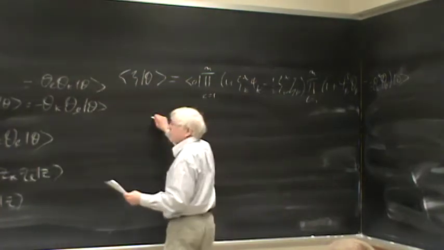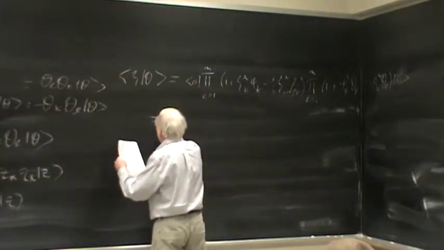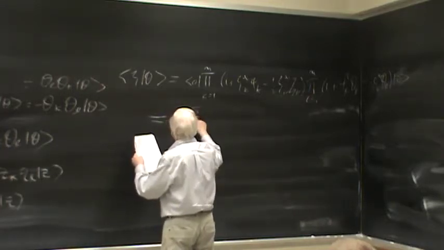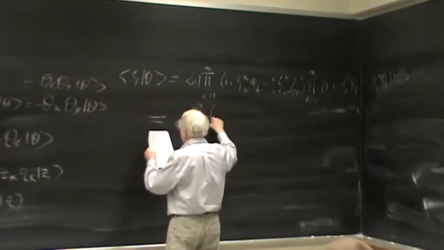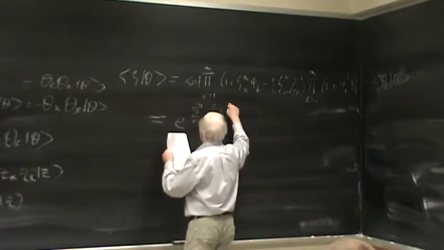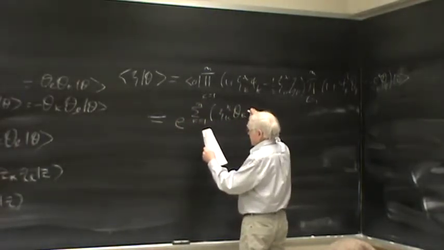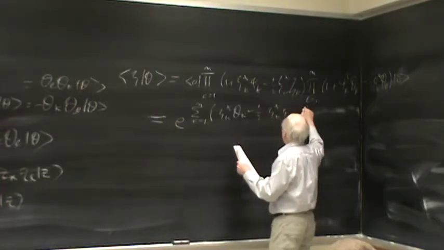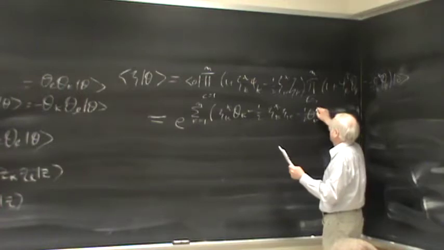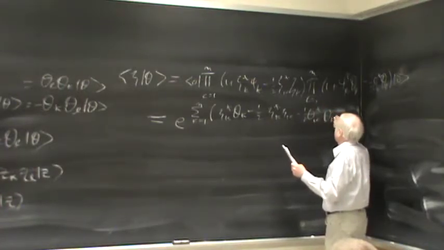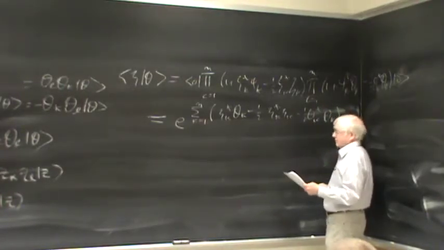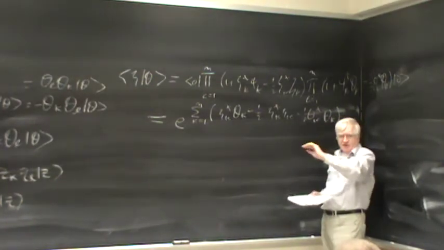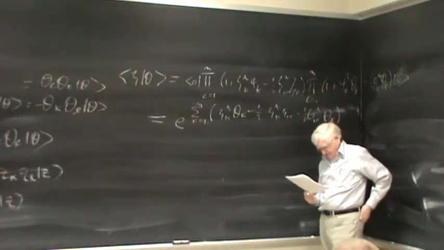And of course, going through the same logic as before, this is equal to e to the sum k equals 1 to n of zeta k star theta k minus a half zeta k star zeta k minus a half theta k star theta k. So it's just a repetition of that formula for each of the theta variables.